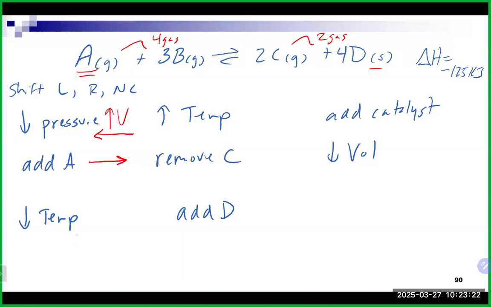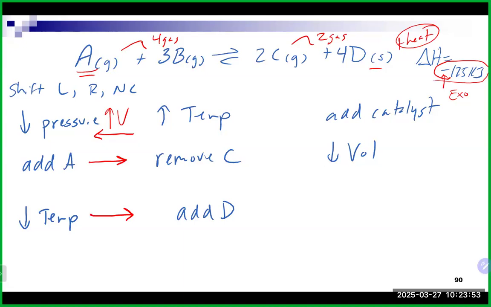If I decrease the temperature, in this case, this is my delta H value, which is a negative value. That means that this guy is exothermic, and that means we should think of heat and energy as a product. And in this case, if I lower the temperature, that'll be like removing products, which means then we have more reactants, and that's going to cause it to fill that hole we just made and head in the forward direction, really towards where we removed it.